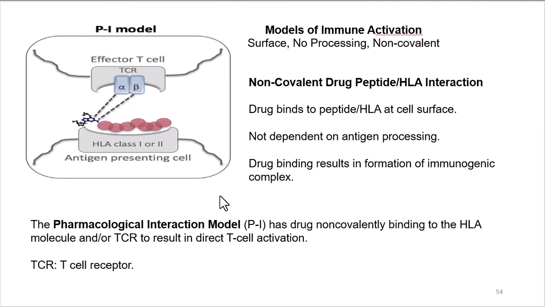But if I'm talking about 50,000 possible peptides being presented, and none of them have a non-covalent interaction with a drug, all of a sudden the possibility of that happening increases. And so you could have a drug come and bind to one of the 100,000 molecules being presented, and be lucky enough that when the T cell receptor comes to bind, it still is in place and still makes a productive binding. So it's a matter of odds.